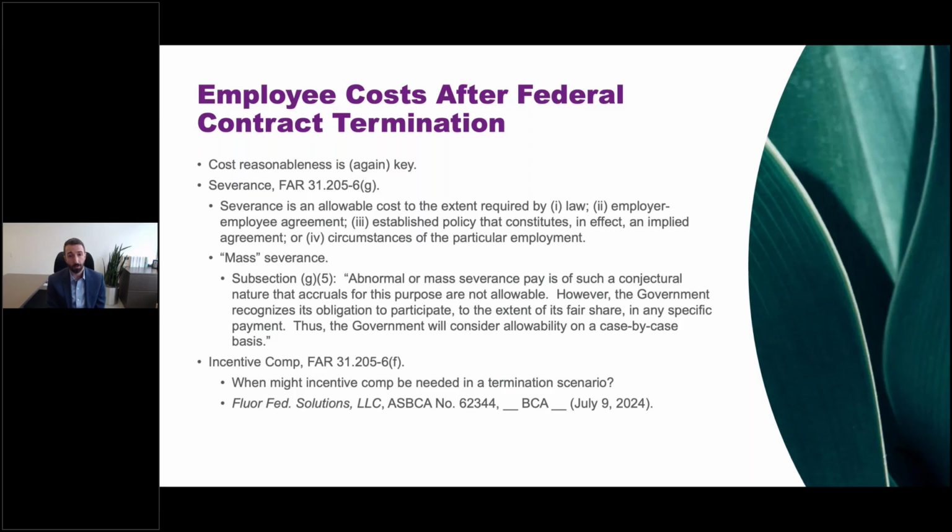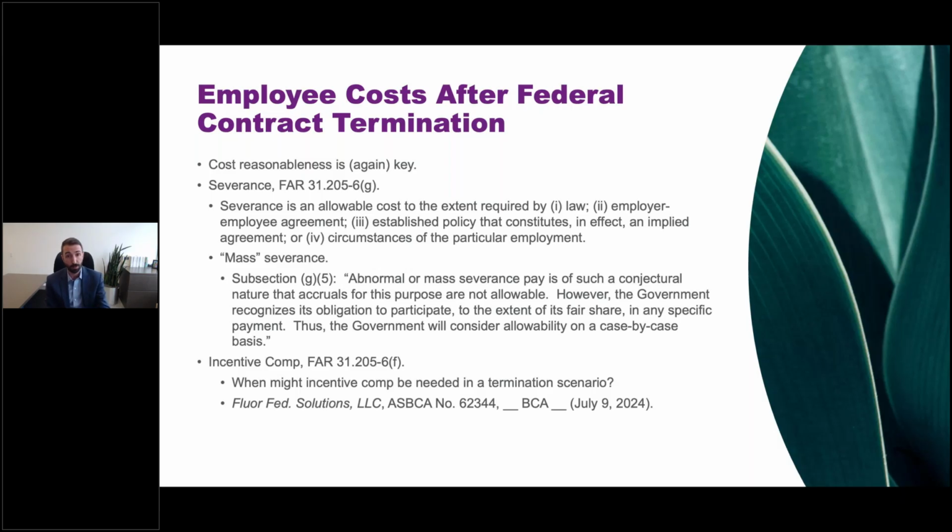The cost of those reduction in force actions can be, again, facts and circumstances considering, but in your ordinary case, can be allowable under FAR 31.205-6(g), including severance under the subsection (g) principle, which says that severance is an allowable cost to the extent required by law or employer-employee agreement, established policy that constitutes in effect an implied agreement, or the circumstances of the employment. So if your state law requires you to pay severance or to give a notice period before doing a reduction in force action, you may have costs arising from that.